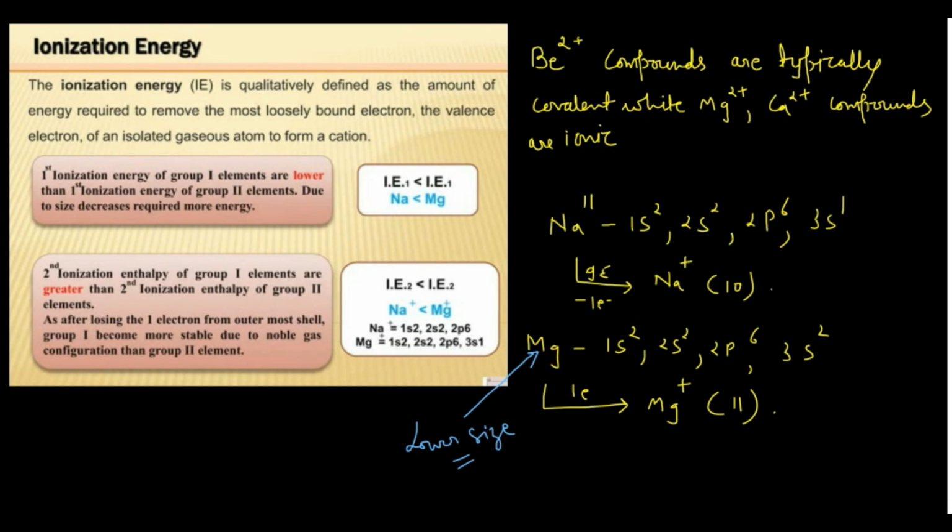So it will require a higher amount of energy to form the Mg positive ion. That's why, if you compare the first ionization potential, the first ionization potential of the alkaline earth metals would be higher when compared to the alkali metals.